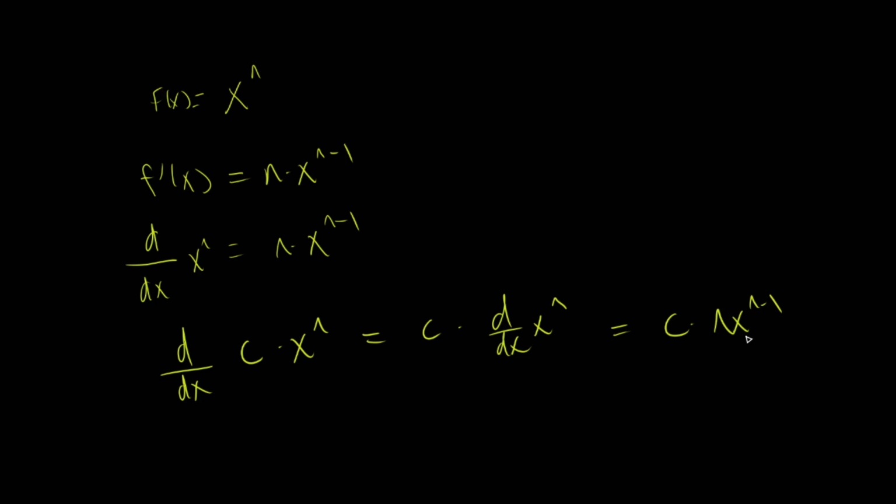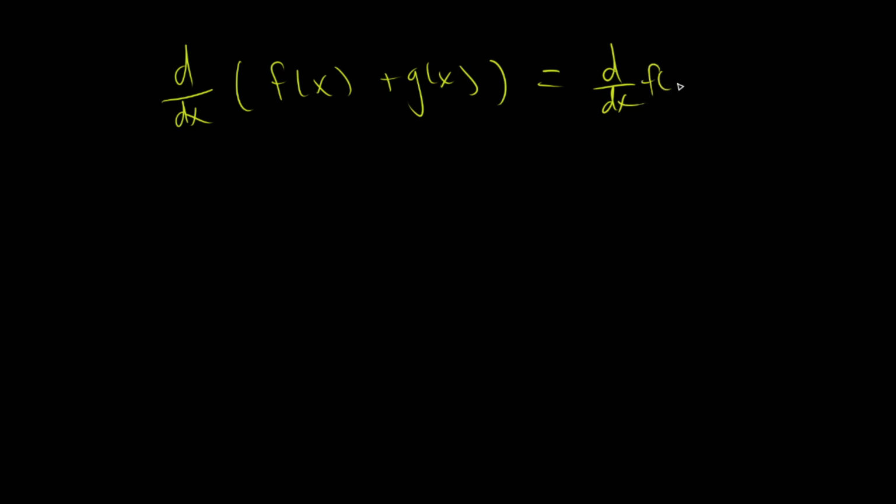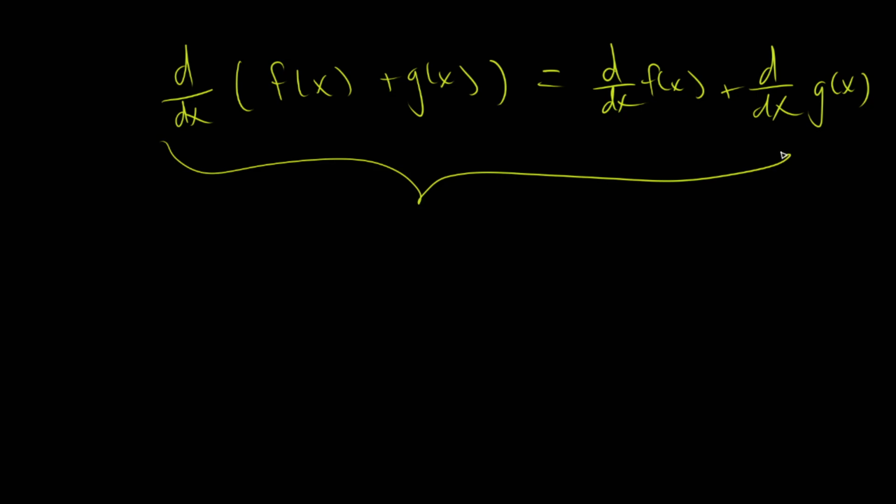Now there is also another property, we call this the addition rule or the addition property, and that is if you were to take the derivative of two different functions added together, let's say f at x plus g at x, this would equal the derivative of its separate terms, like so. And today I'm just going to go through some examples using this rule, the constant rule, and the power rule.